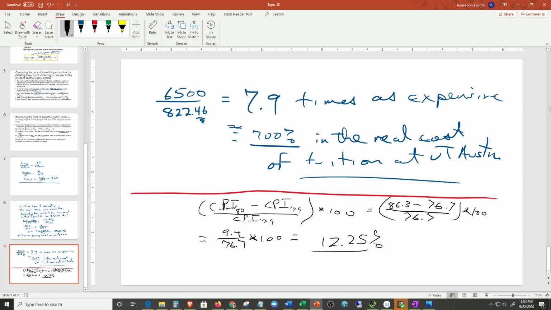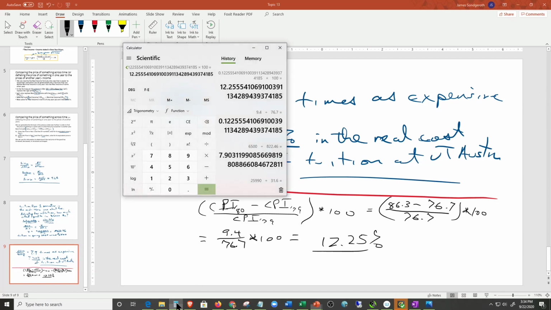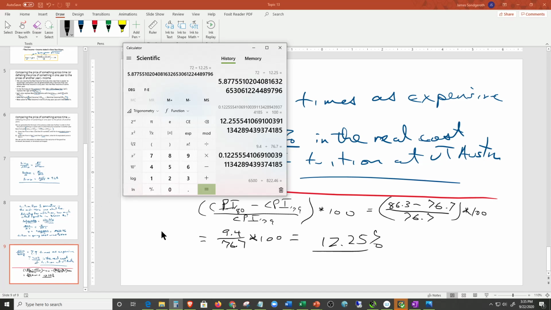So if we divide, let's use 72, 72 divided by 12.25, so in a little less than 6 years, the value of the dollar would fall by half. Huh. Interesting. Maybe we can do one more.